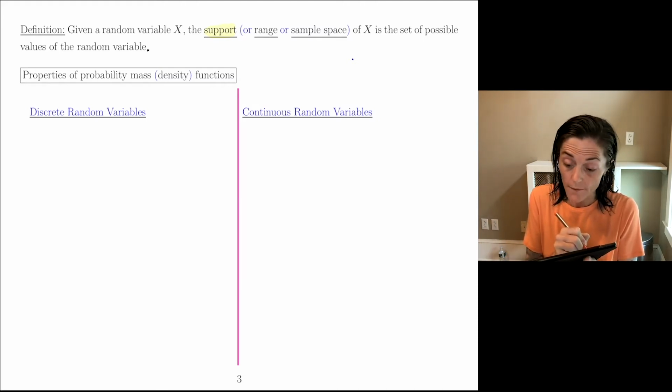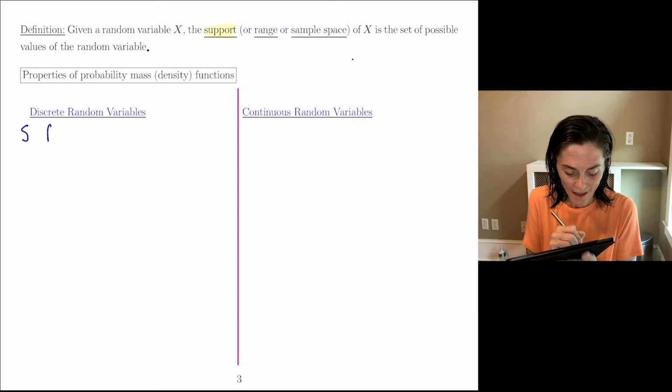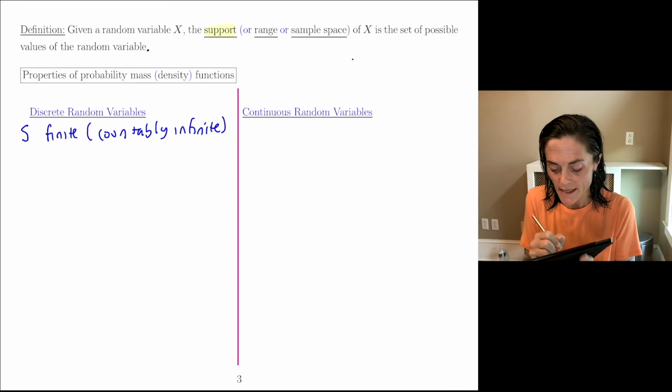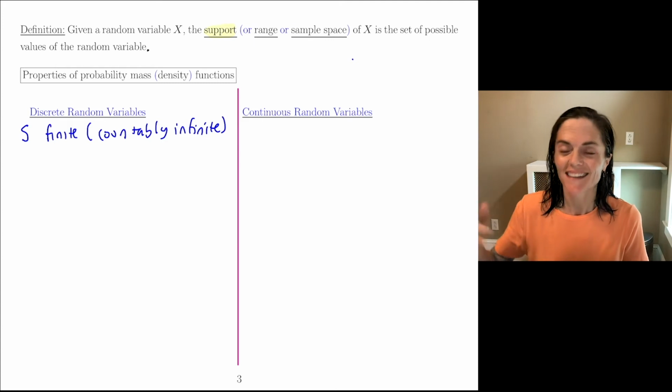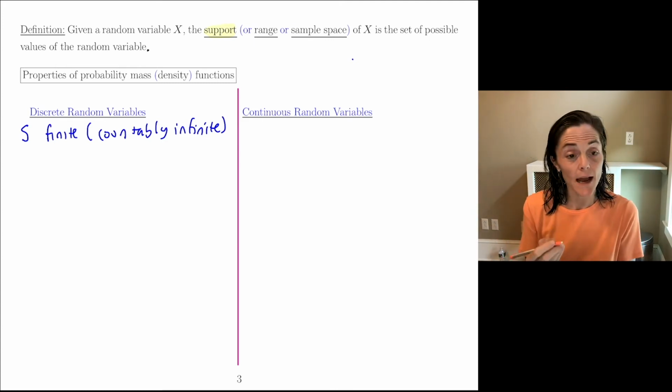So suppose over here in the discrete world, S is, well, you can think finite or countably infinite. We discussed this in the last lesson. This would be, for instance, positive integers or all integers, something like this. Or S can be finite.